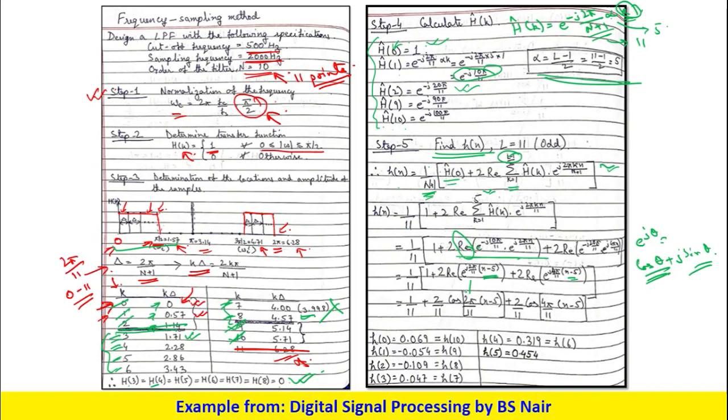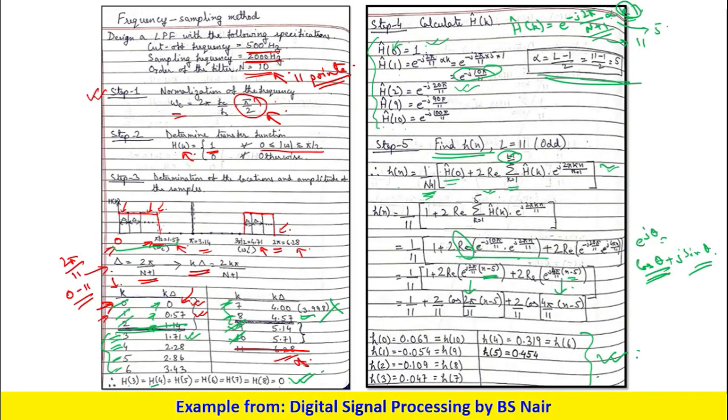So you see only the cos theta components are taken, and from there we can get the hn values. Okay, now once you get these hn values, you perform the z transform, and then we can go for the implementation of the filter.